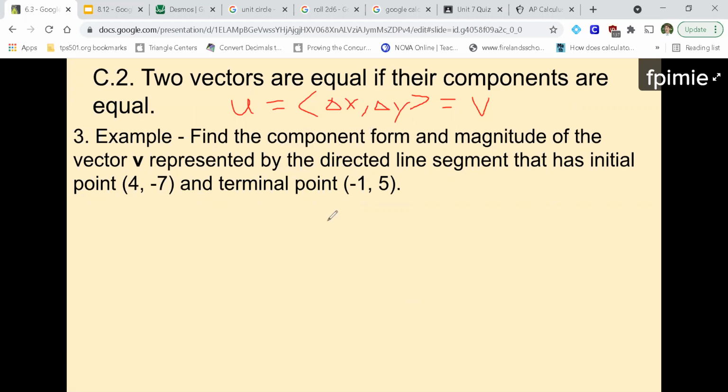I can convert it to component form by simply finding the change in x, which would be x2 minus x1, or -1 minus 4, which is -5.